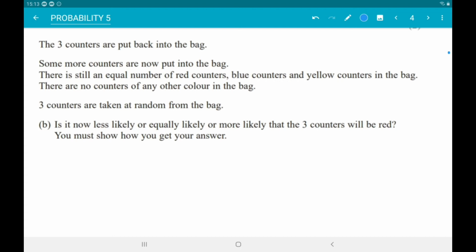So it's less likely now, and we could say more counters that are not red are being put into the bag than red counters.